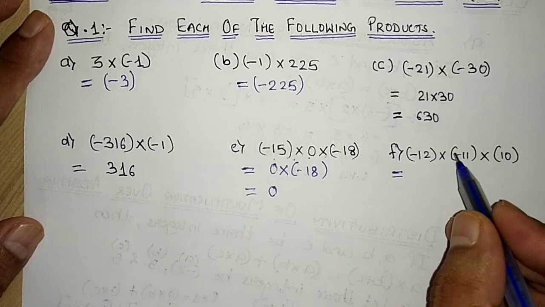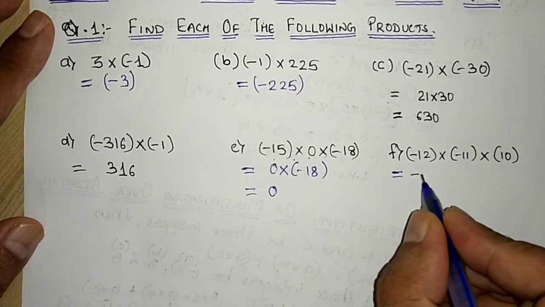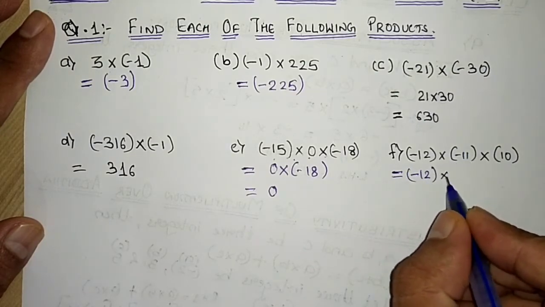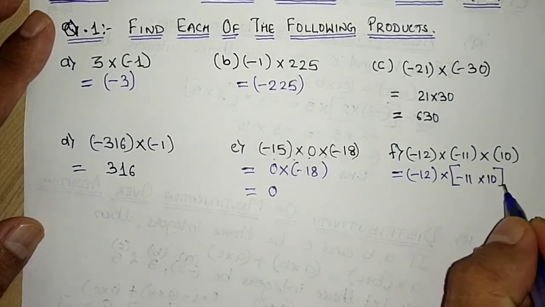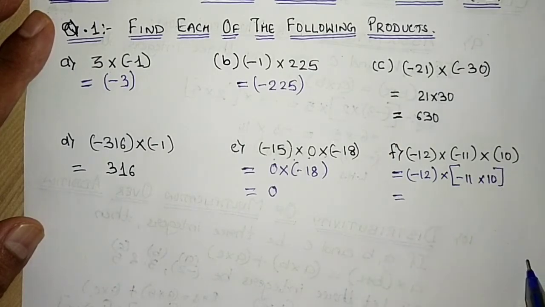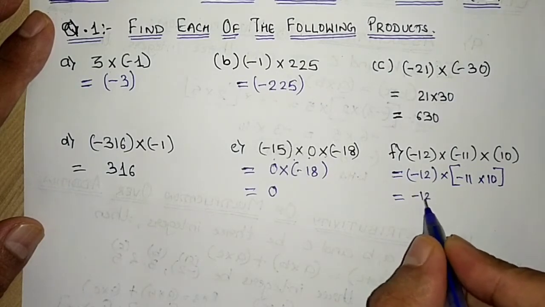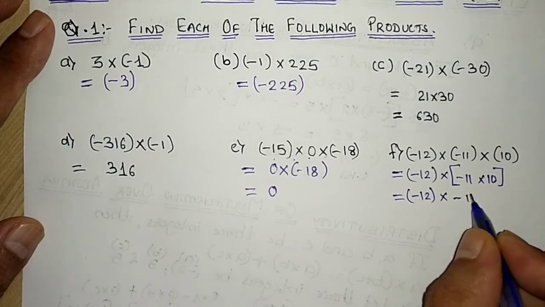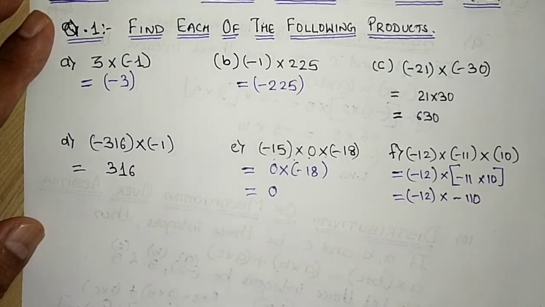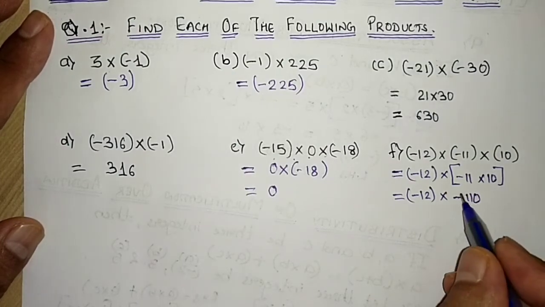Here I want to group these two numbers, so I am grouping the second and third number. Minus 11 into 10 will give me minus 12 into minus 110, because 11 tens are 110.